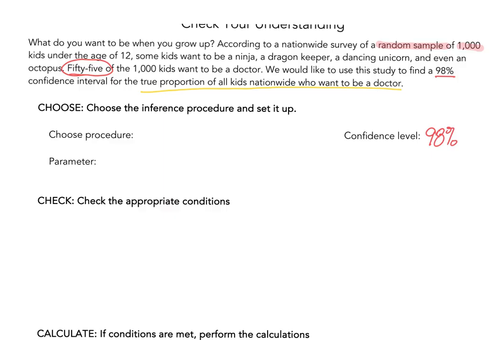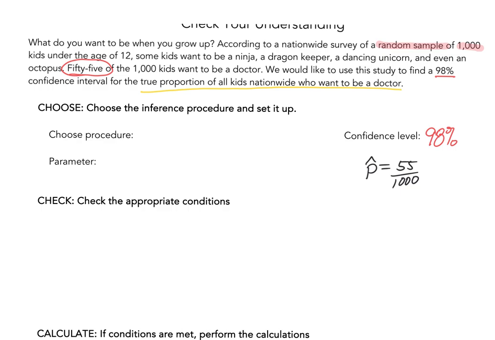There's our parameter. So part one of choose is to choose a procedure and then write down our parameter. So I have a single proportion. I have that p hat is 55 out of 1,000.